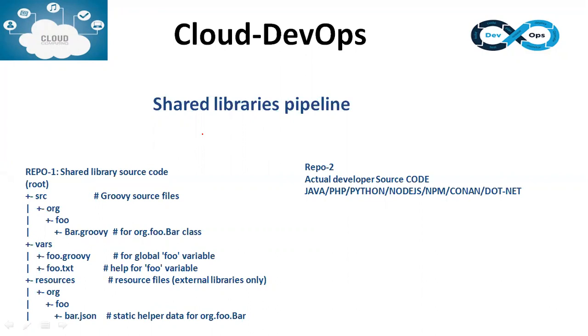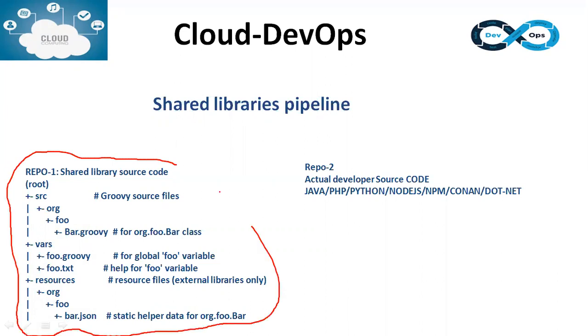So whatever DevOps life cycle they want to implement, they use repository one. That means this shared library code. That's why I mentioned shared. Shared means it's common. They use this shared library common code, and then they implement their DevOps life cycle. That is the purpose of this shared library pipeline.